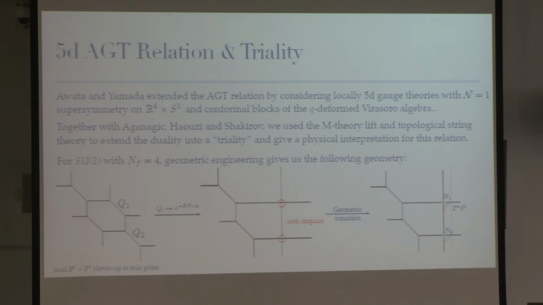So if you again want to restrict, for the sake of argument, to SU(2) with 4 flavors, then geometric engineering tells you that you should compactify your type 2A theory on a local P1 cross P1 blown up at 4 points. So the local P1 cross P1 would correspond to pure SU(2) theory, and each blow-up will support a hypermultiplet when you wrap a D2 brane on that exceptional curve.